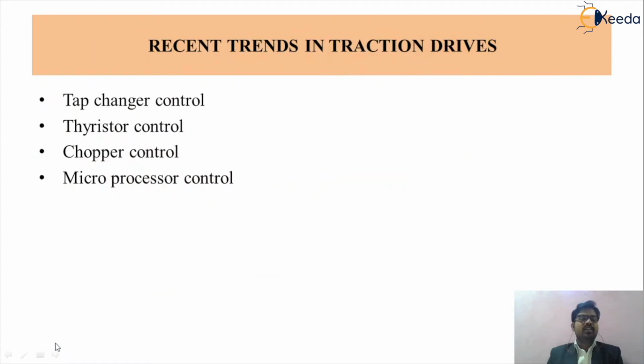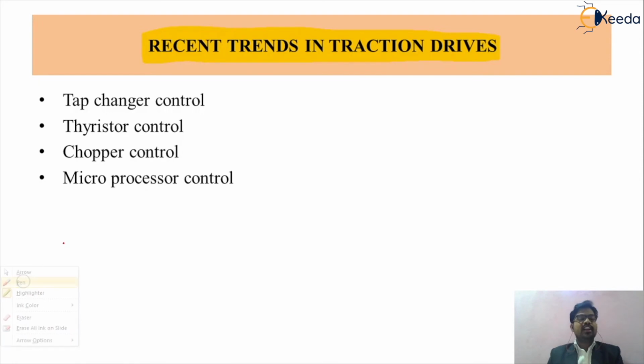Now friends, we have to understand recent trends in the traction drive. As we have discussed, there are different types of motors that we prefer as a traction drive. Now we have to understand how these traction motors are controlled, because we have to recall the fundamental definition of an electric drive.